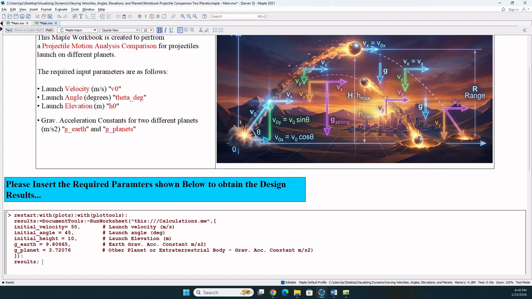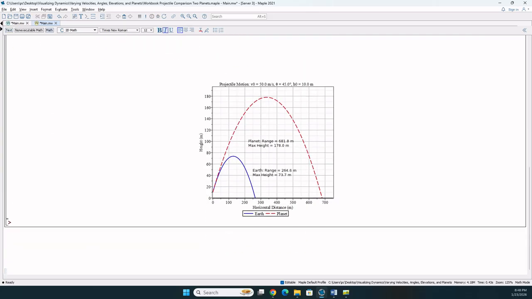If we run the Maple workbook, Maple will produce the required simulation, where we can see here the projectile motion corresponding to planet Earth in blue color, and that corresponding to Mars in red color. The simulation shows the range and the maximum height for each planet.